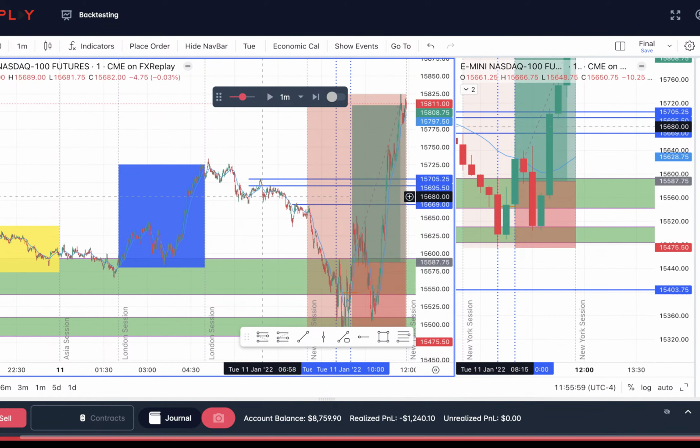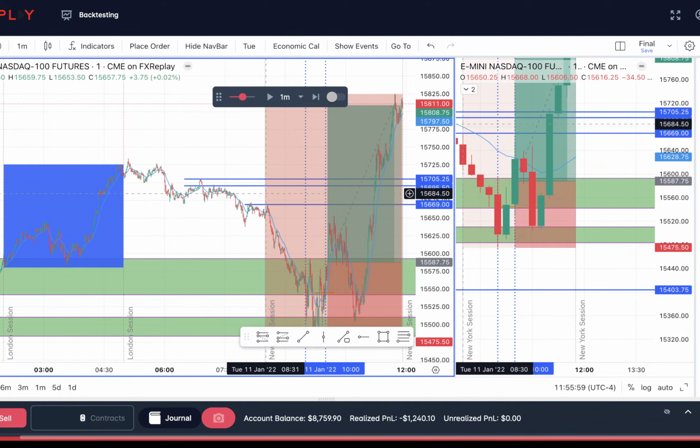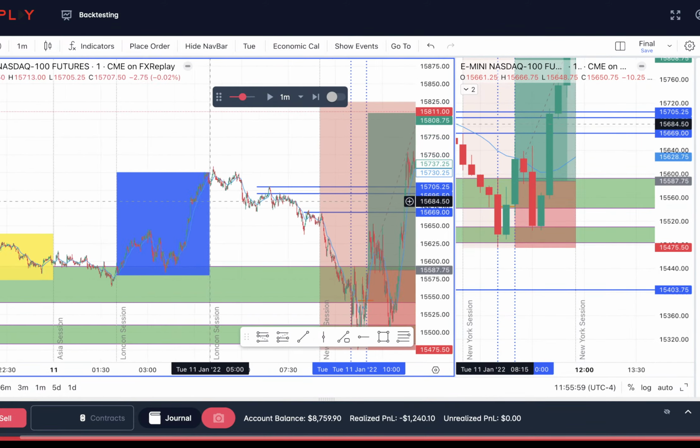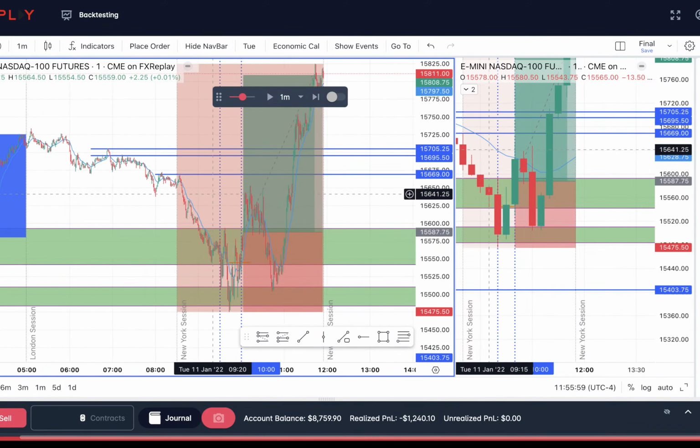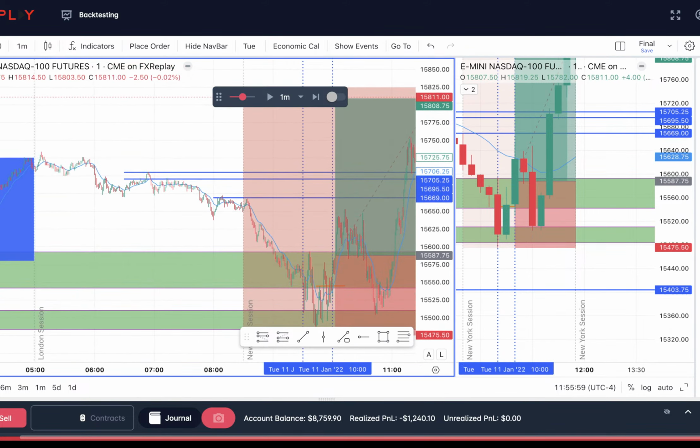Obviously on continuations, like, see, this is the overall reversal. If you get in down here, your stop loss has to be wherever you want it. But for me, sometimes you can have your stop loss here, and the market can still go up here, stop you out, and then go your way. So that's why I preferably don't like continuation plays. I like to catch the bottom of the reversal, in my opinion.